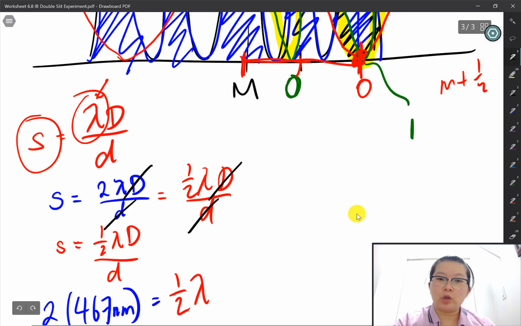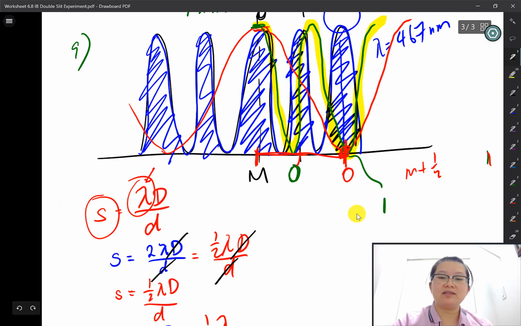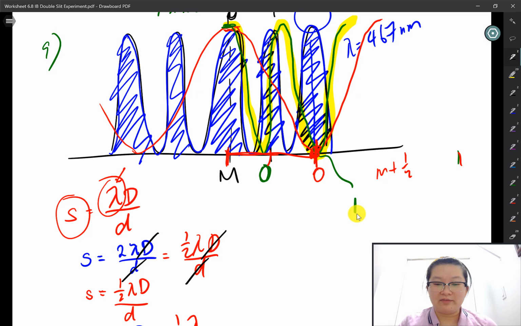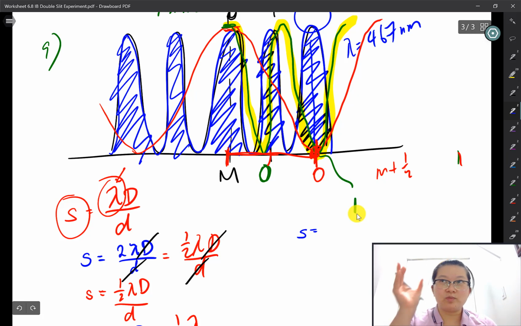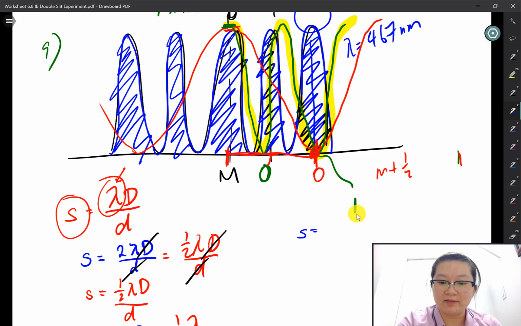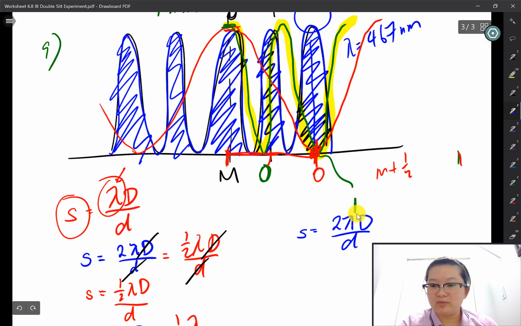So we have to look at the green line, perhaps, because we need a smaller wavelength than that. So again, the spacing for the blue light is going to be 2 spaces, which means the path difference is 2 wavelengths. So 2 wavelengths times this, so that's going to be the same.